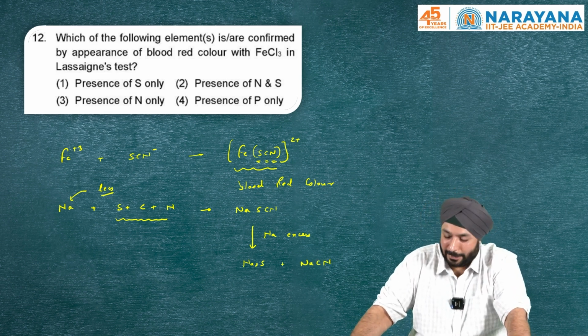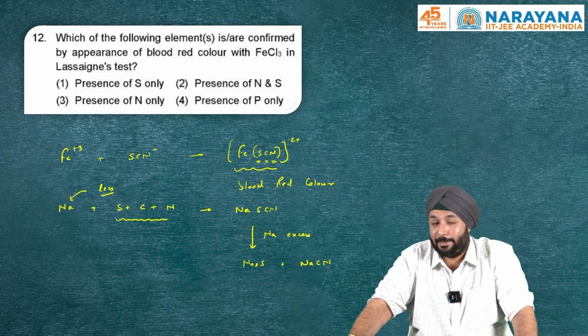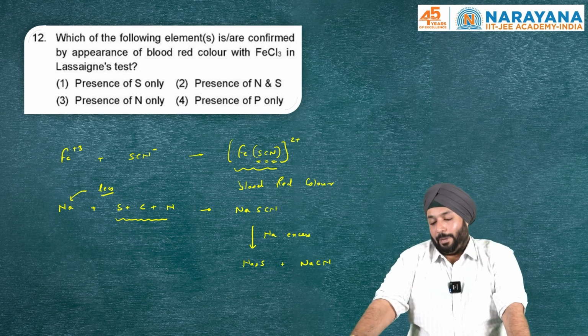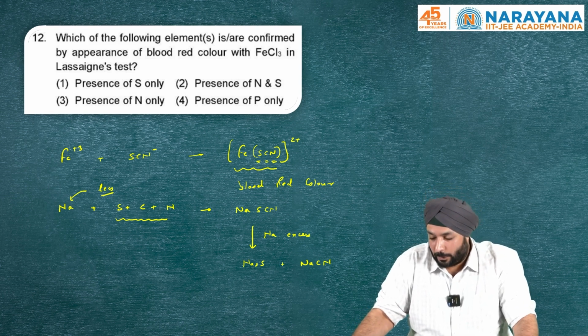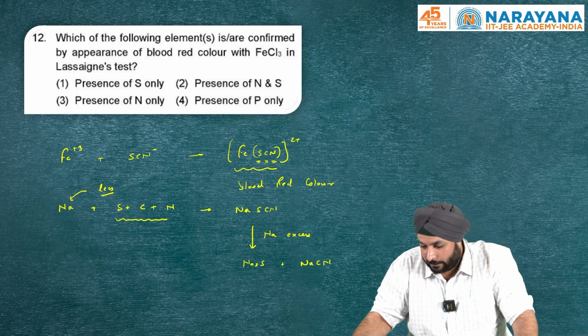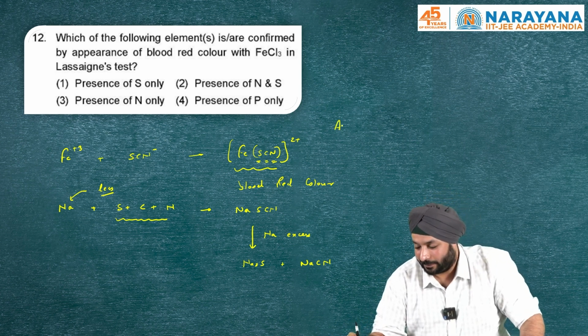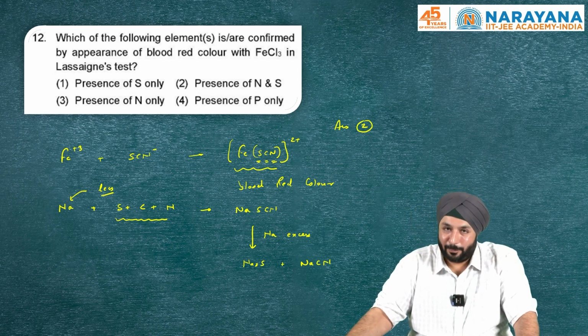Nitrogen will always be associated with carbon, and the anion formed by that will be cyanide, SCN minus. So by this logic, every one of us knows that the organic compound should contain nitrogen as well as sulfur. The answer is 2. Simple. We'll move ahead.